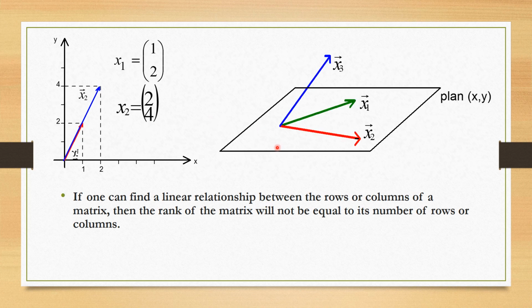In the second example, we have three vectors, x1 vector, x2 vector and x3 vector. The matrix constructed by taking each of these vectors as a column is a 3 by 3 square matrix.